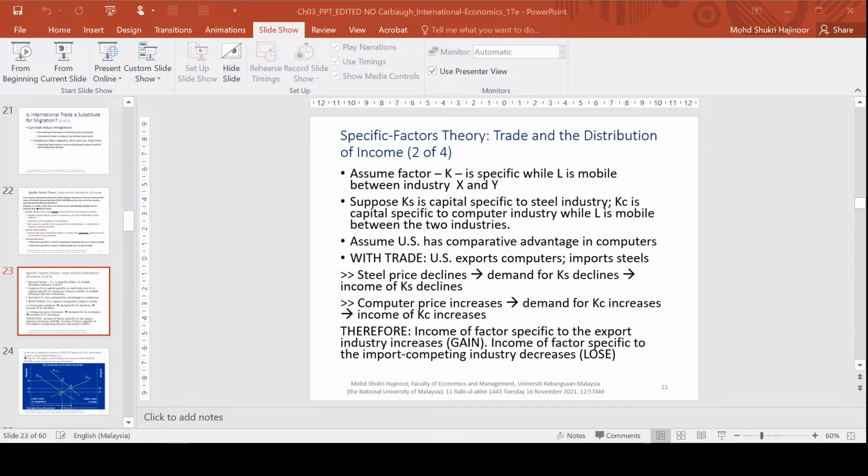Figure 3.3, the wage gap between skilled and unskilled workers. We're going to see the wage ratio and labor ratio. To the right, more labor. Going up here, higher wage ratio.